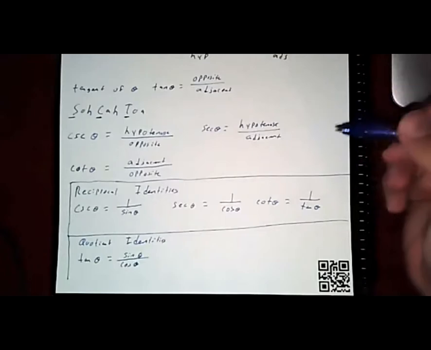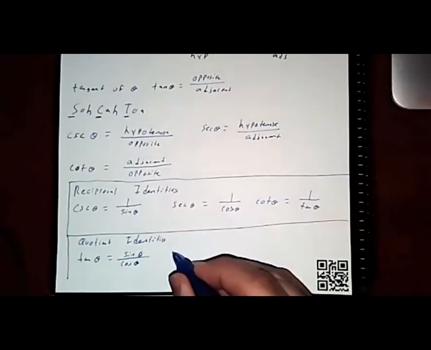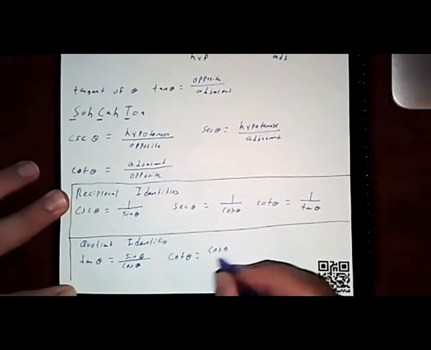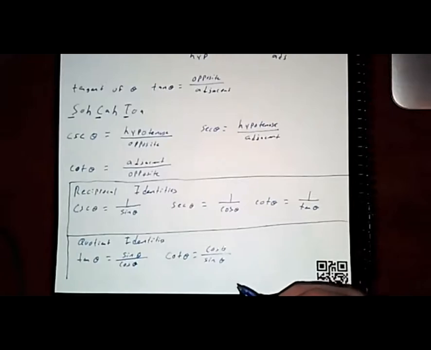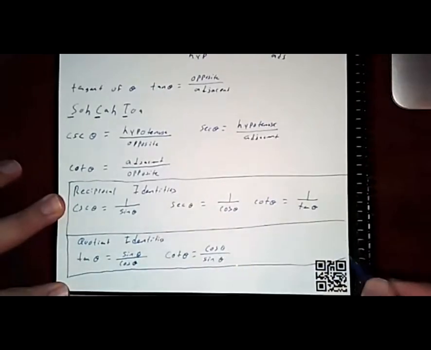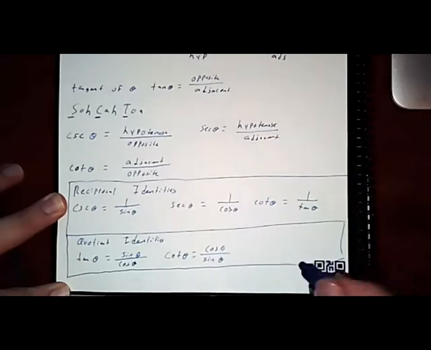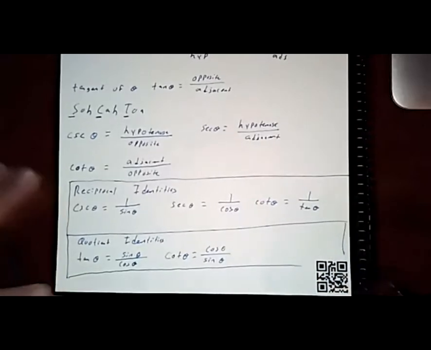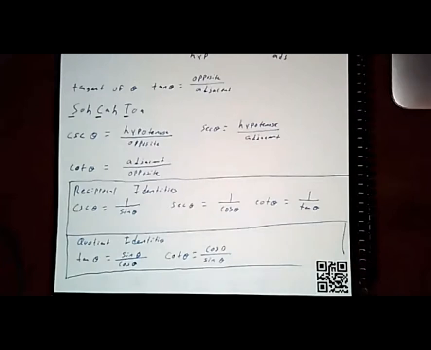It is technically both. Cotangent is equal to cosine theta over sine theta. Okay, so that's all the formulas and definitions that we need.